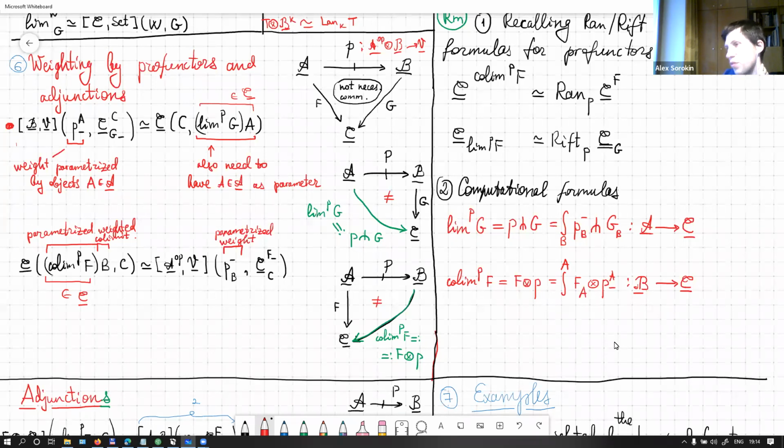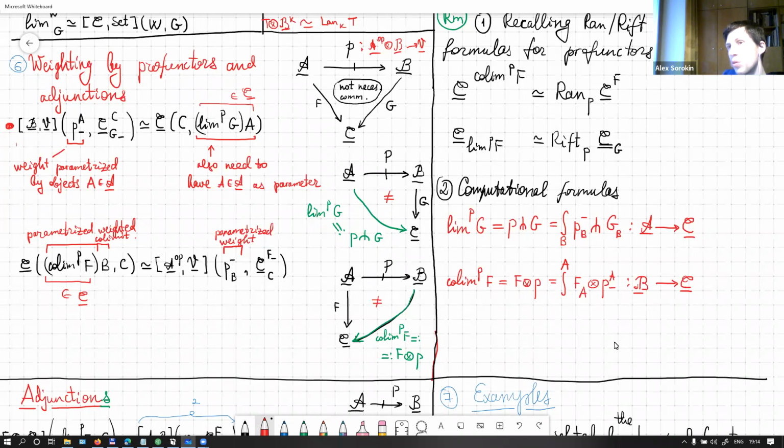The reasons for this will be clear in half an hour or even less. So that's all we need to define what a weighted limit or colimit of a functor by a profunctor is. From now, we don't need to worry and think of whether our weight is covariant or contravariant.